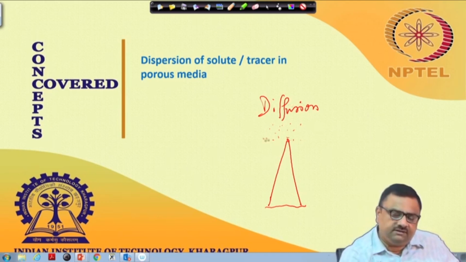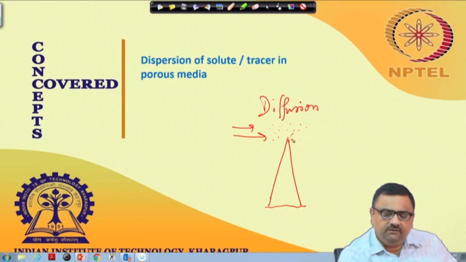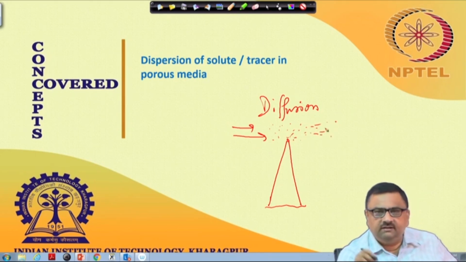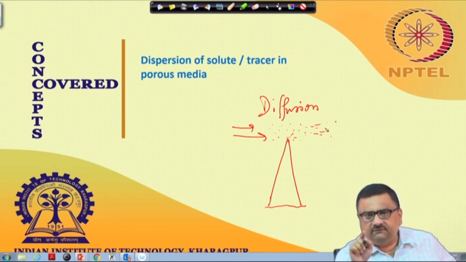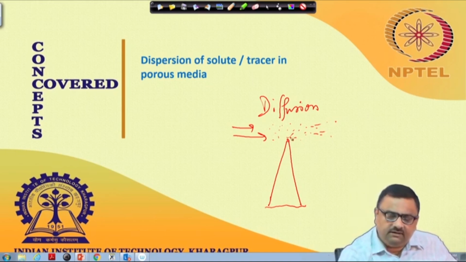Think of another situation where the wind is blowing in this direction. So, what will happen to the smoke? You will find that the smoke would be traveling in this direction, and generally if you have seen smoke coming out of a chimney, you will find that it would take a shape like this.